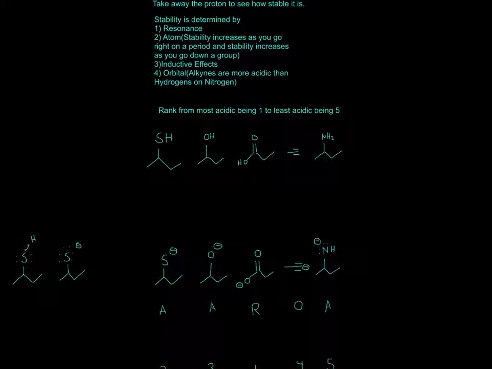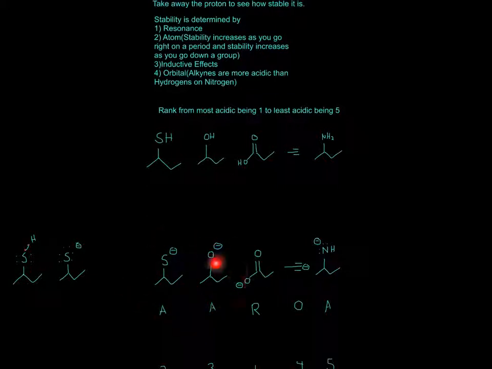As you go down, it's first oxygen, then sulfur. As the trend states, stability increases as you go down. So that means sulfur is actually more stable than oxygen. The negative charge is better on the sulfur, because sulfur is bigger, since going down the group you just added a ring of electrons, which means it can hold the electrons much better than the smaller oxygen atom. So this one will be 2, this one will be 3.